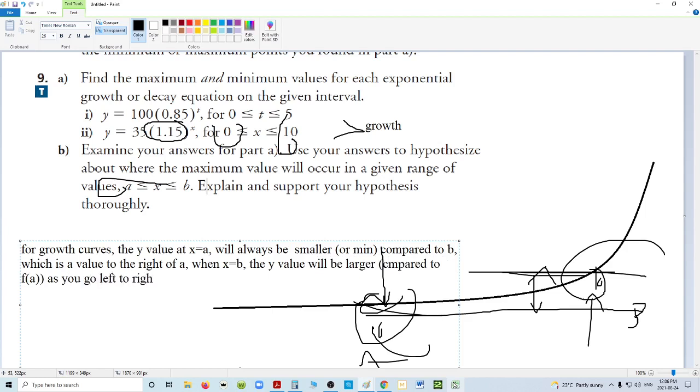And this is true, and they generally always go left to right as x increases.